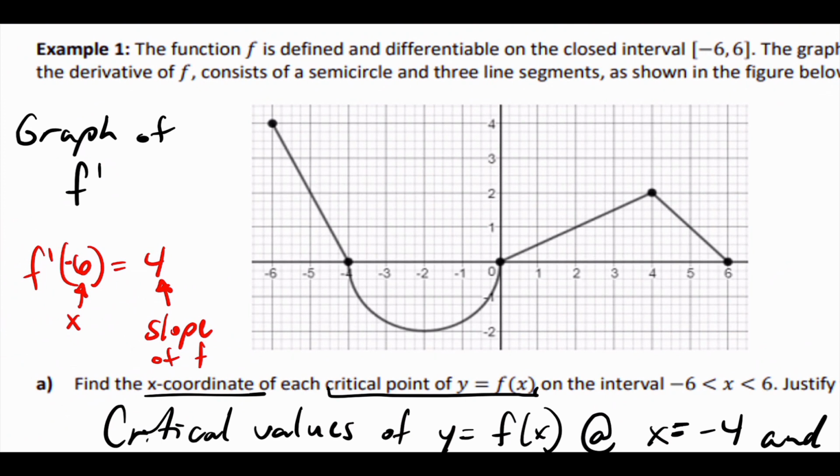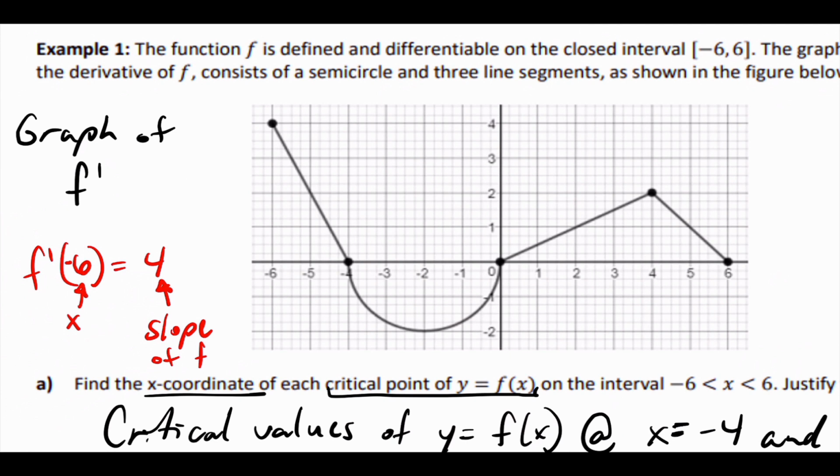So remind me again, f is concave up when what? When the second derivative, f double prime, is positive, and f is concave down when, there you go, f double prime is negative.